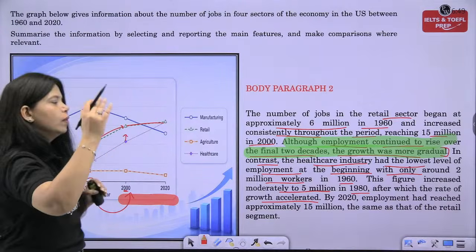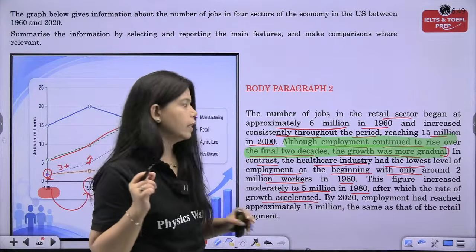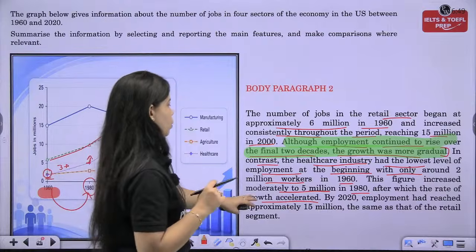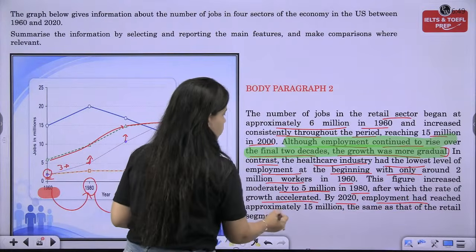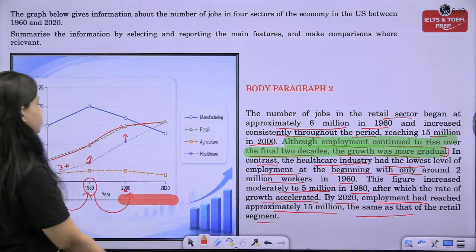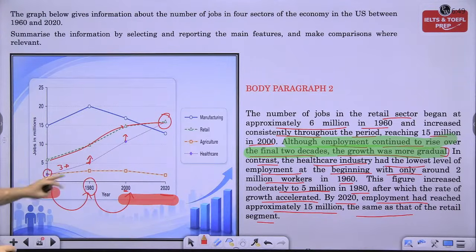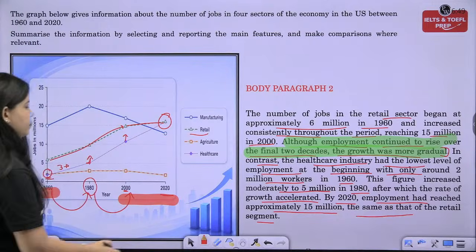So now the rate of growth was exponential. Now the rate of growth accelerated. And that's what I've written here. And by 2020, employment had reached approximately 15 million, the same as that of the retail segment. By 2020 it had reached a little over 15 million, the same as the retail segment. That also ended right there.